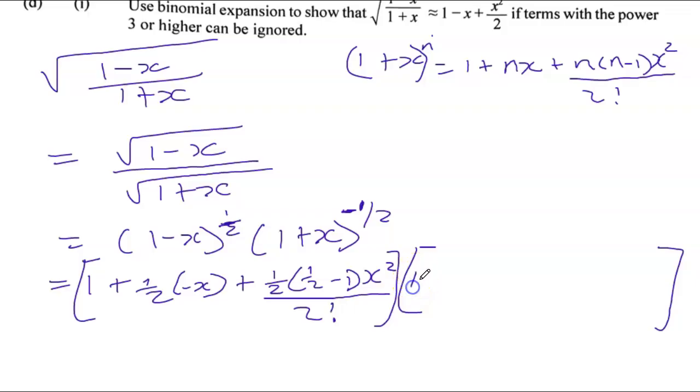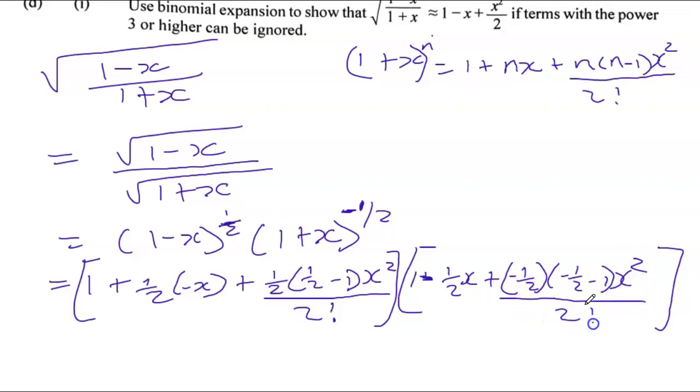So it's 1 plus nx, which will be negative half x, plus n, that's negative half, times minus half minus 1, times x squared, over 2 factorial. Remember, terms of power 3 or higher are ignored.